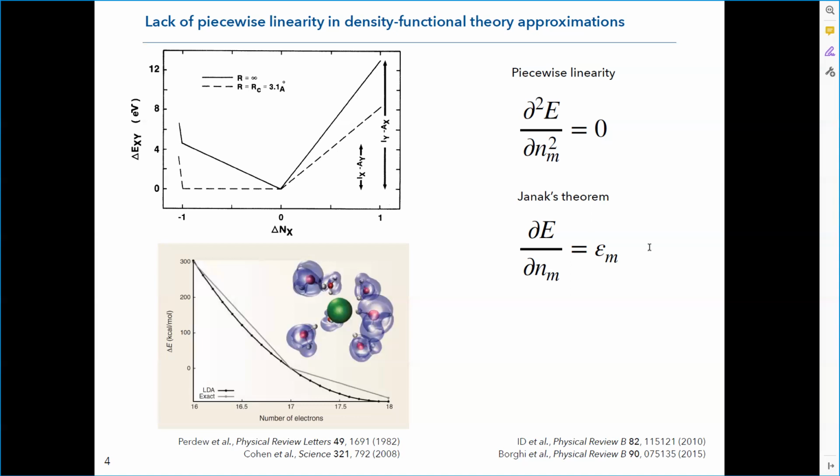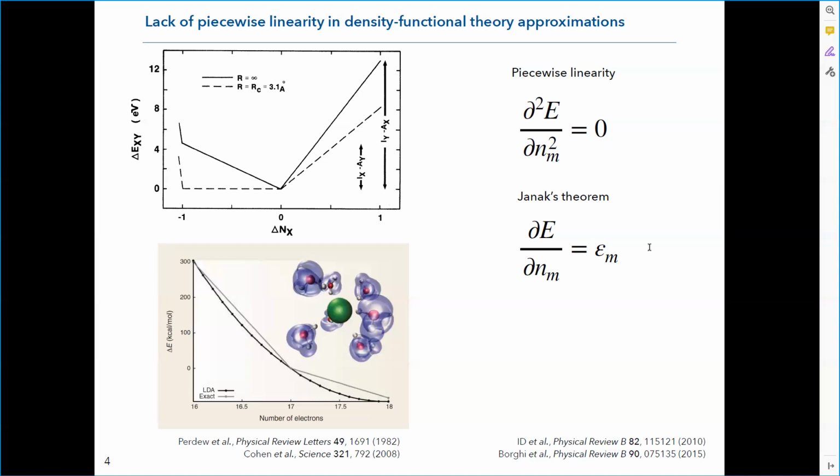Okay, so this is an important condition that also relates to the delocalization error in DFT. Most of the functionals that we have do not fulfill this piecewise linearity and instead are convex or piecewise convex. As a result, often you would encounter a situation where at some point the slope becomes positive, okay, or zero.